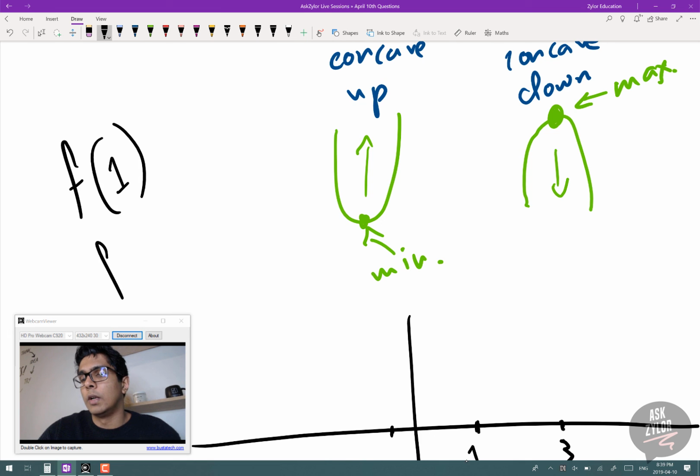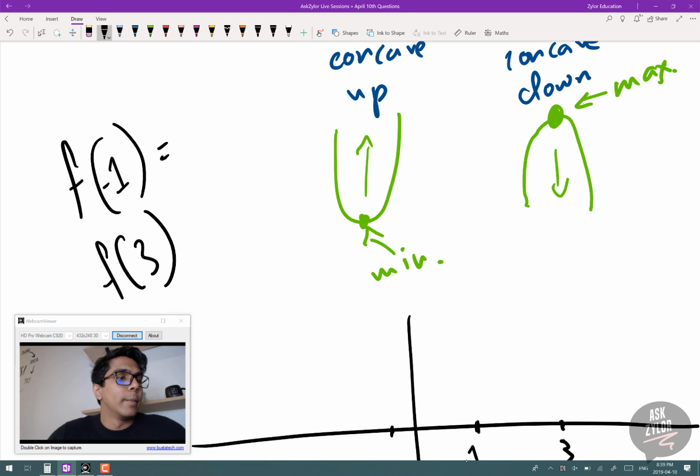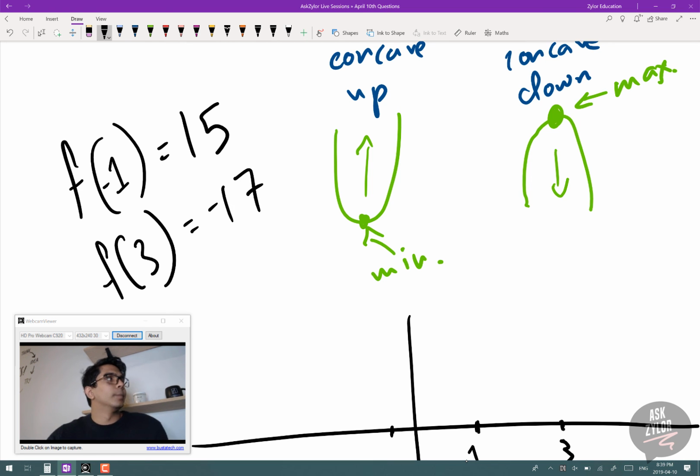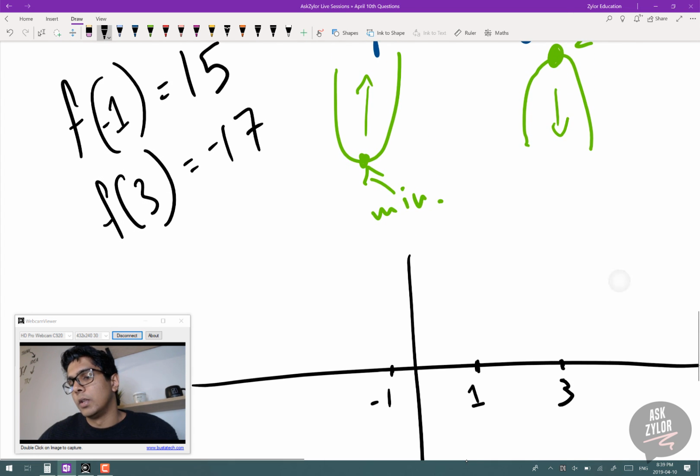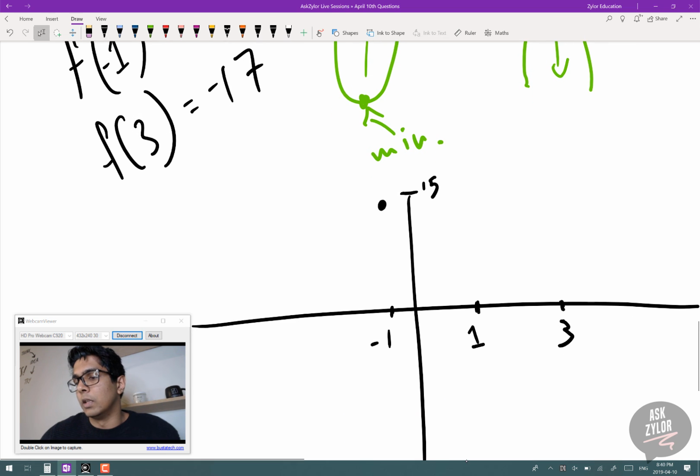Right? So I can find what those values are by plugging them into my original function. So I can plug in 1, negative 1, and 3. Negative 1 will be 15, and if I plug 3 in, it should give me negative 17. So my points will be over here.